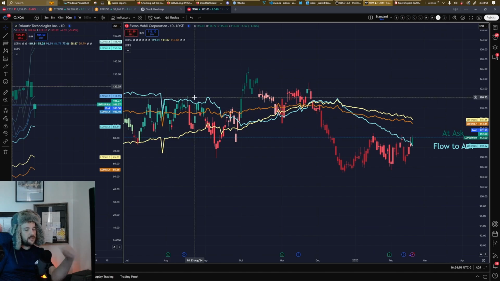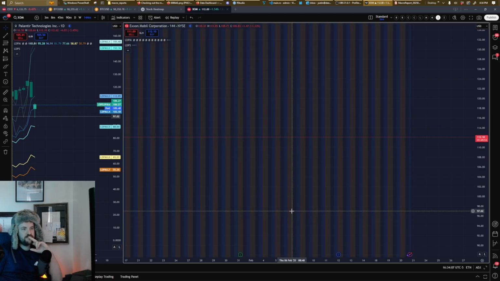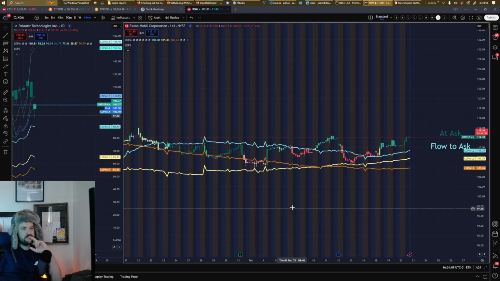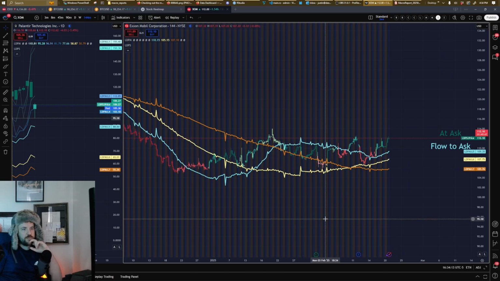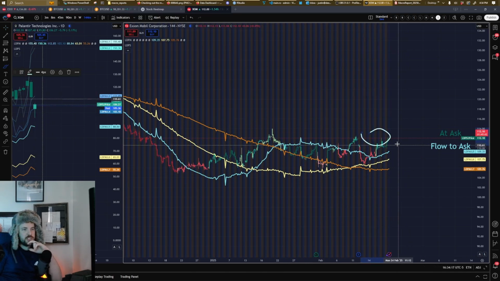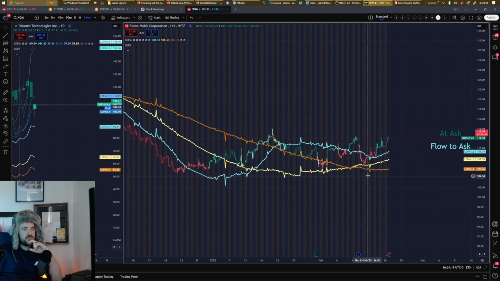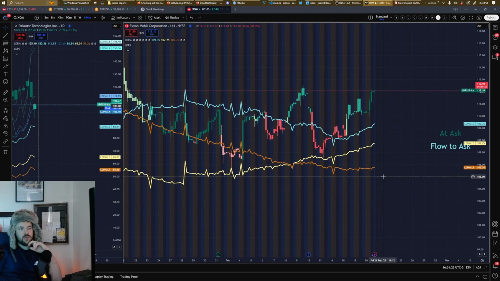This is the daily. Zooming in on the 144, we do see the bullishness. So we have bullish LDPS and a bullish stack.